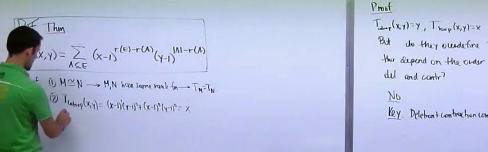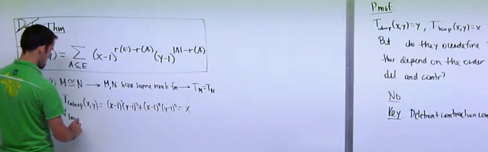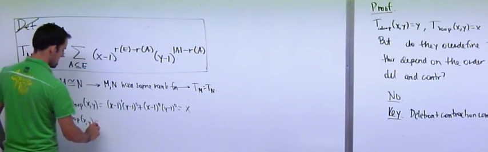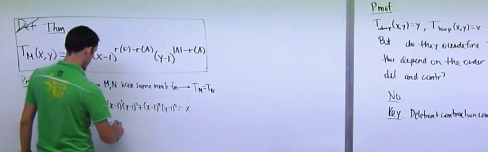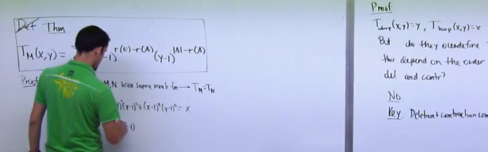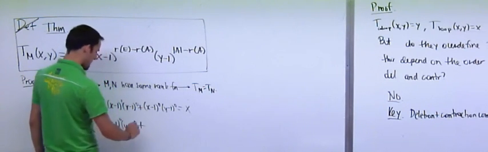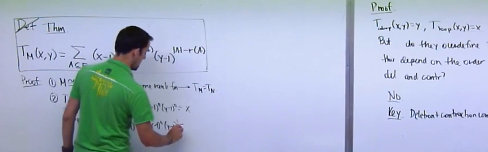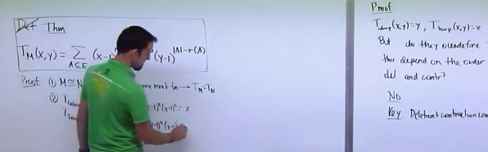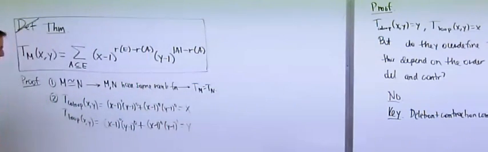And if you do it for the loop, then when you plug in carefully, make sure you don't make any mistakes, you're going to get x minus 1 to the 0, y minus 1 to the 0, plus x minus 1 to the 0, y minus 1 to the 1, which is 1 plus y minus 1, which is y.